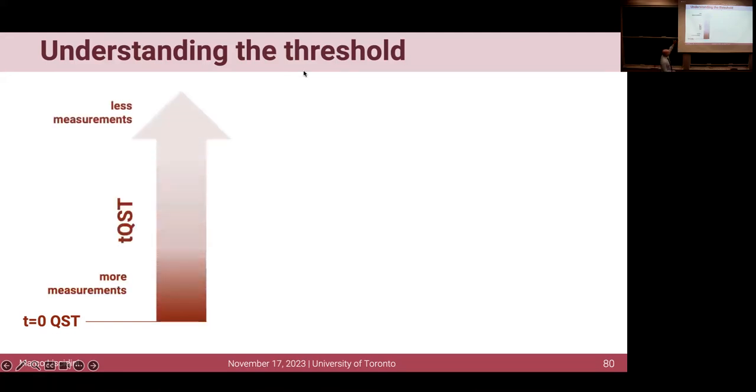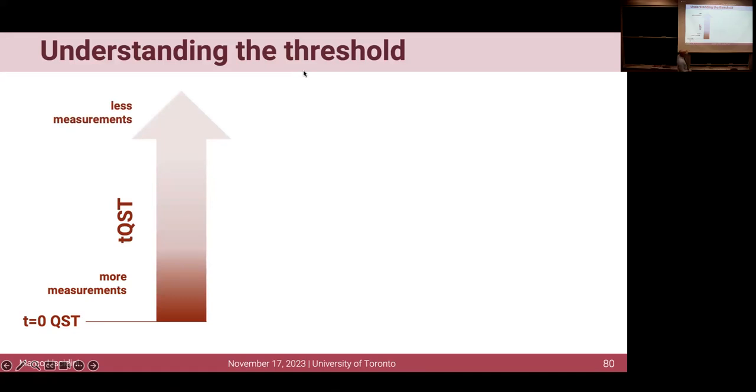So in principle, if you set the threshold to 0, you do all the measurements, okay? With the difference probably that the tomographically complete set is maybe not the usual one, but it's essentially the same number of measurements. But then, of course, as the threshold goes up, you have fewer measurements. But of course, you are losing information, okay?